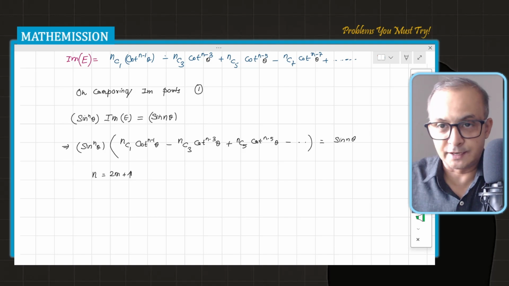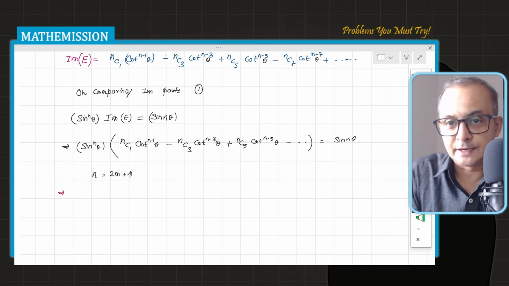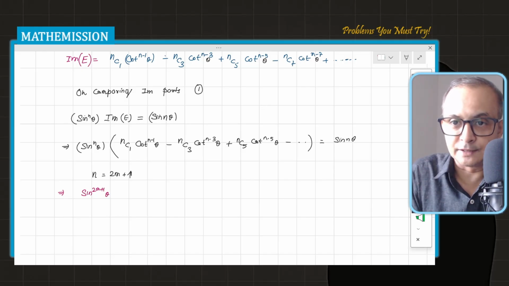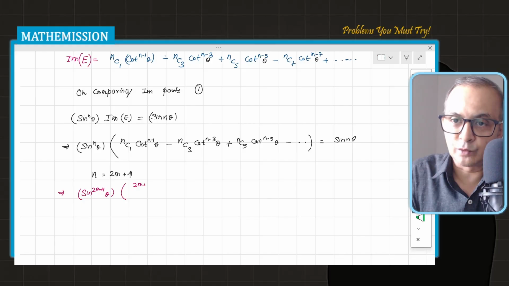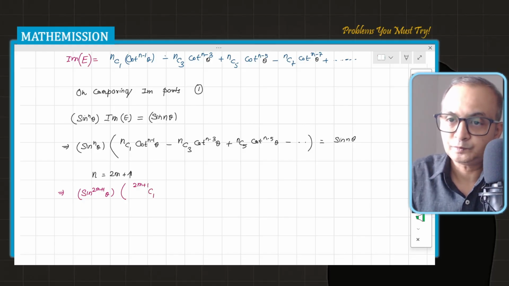Let's try to understand. The left hand side will have sine to the power 2m plus 1 theta, but you notice this will become 2m plus 1 c1 and cot to the power 2m theta.